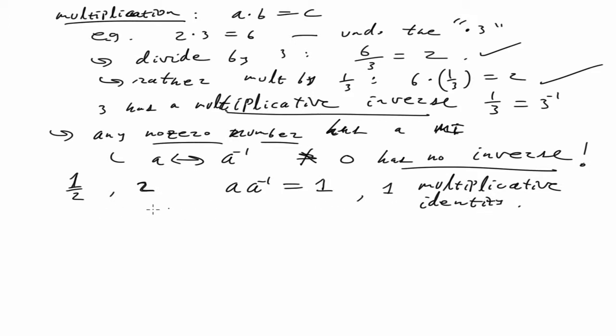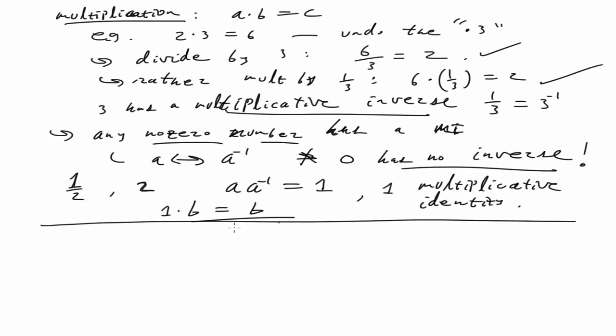All right, and so the thing about 1 is if I take 1 and multiply it by any number b, I get back out b again. So there's no change. So let's summarize this. We have a bunch of features. We have inverses. So if we have a, it has two different types of inverses. It has minus a and also a to the negative 1.